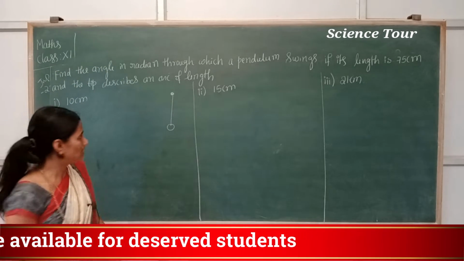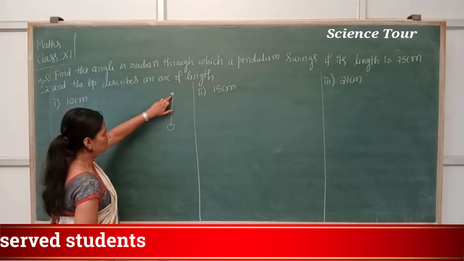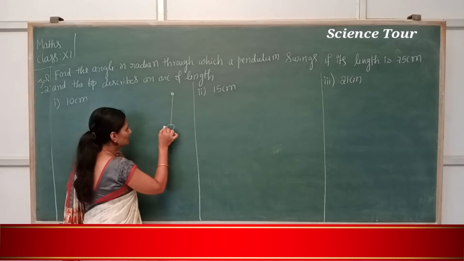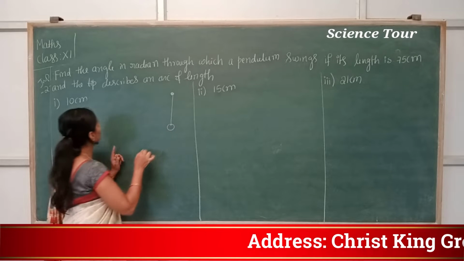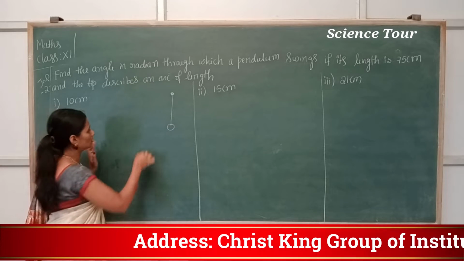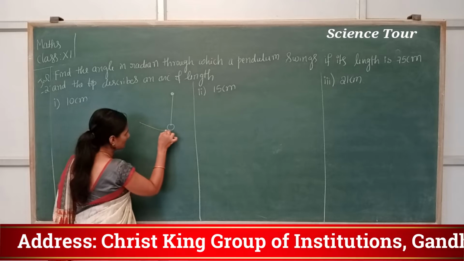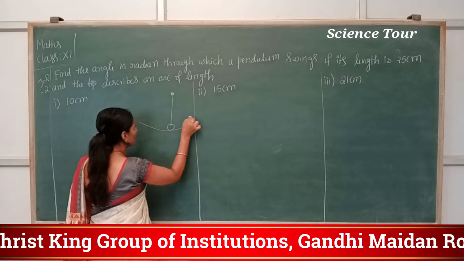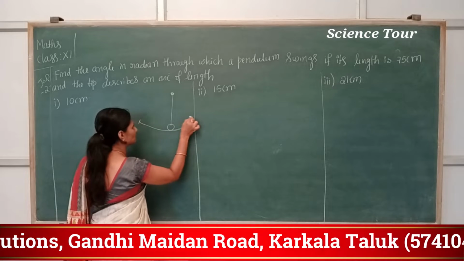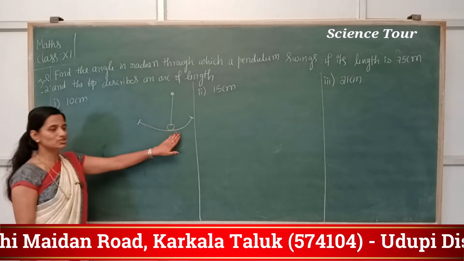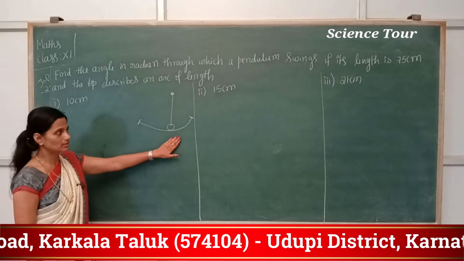Now this is your pendulum, this is your fixed point, and the tip of this pendulum describes an arc of length. That means it swings like this. Suppose it swings this much area. Correct?